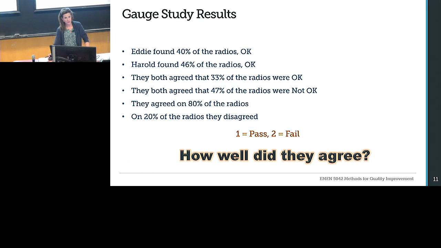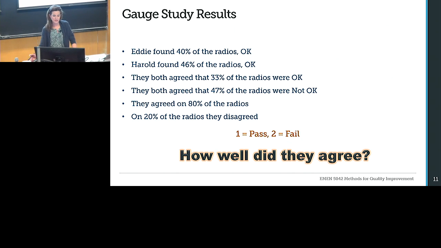And so we're assigning a 1 equal to pass and 2 equal to fail. And the question is, how well did they agree? Now, what kind of test could you do at this point? We're dealing with proportions.